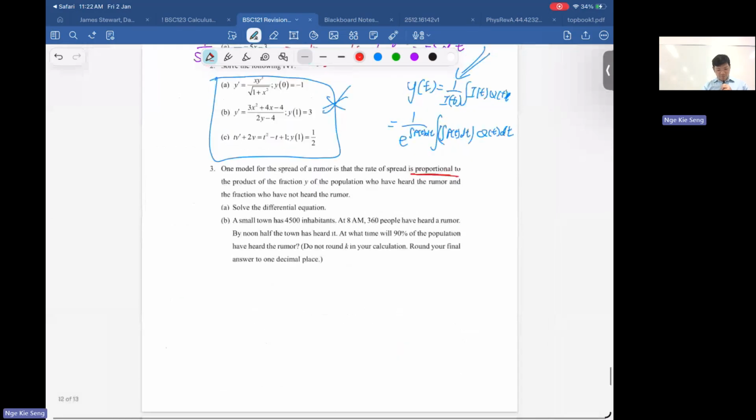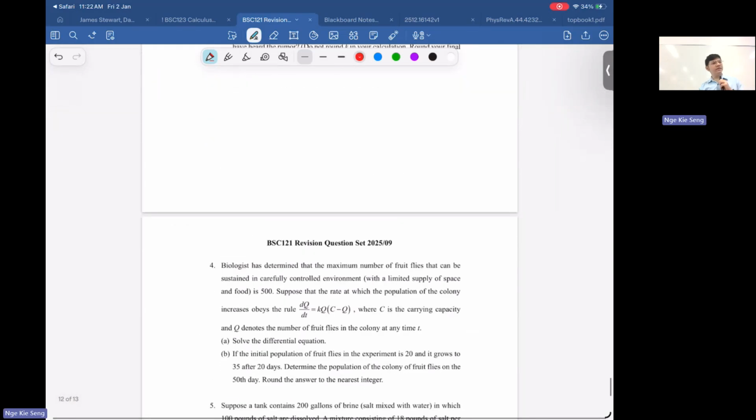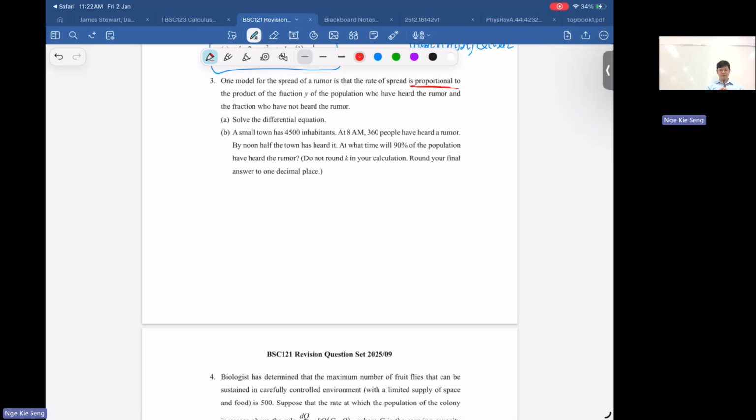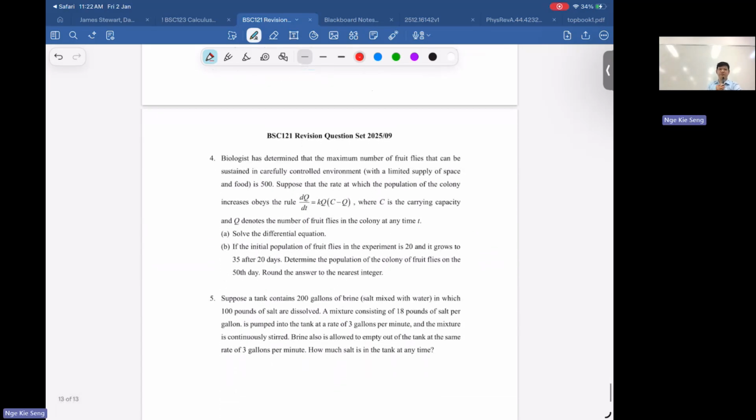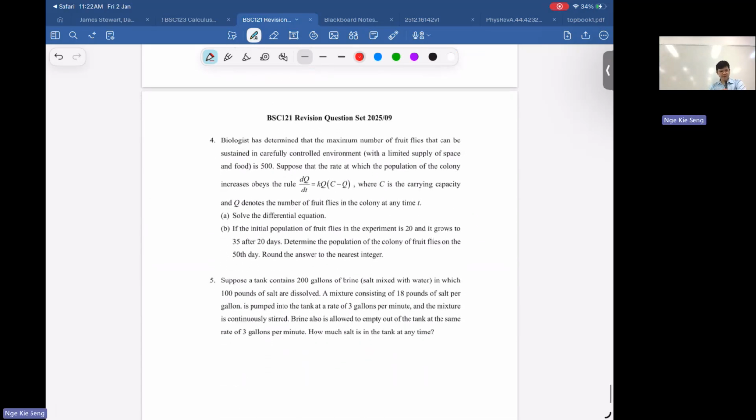How about 3, 4, 5? What do you think? Should we try any of these? Which question do you think you cannot understand what it wants you to do?